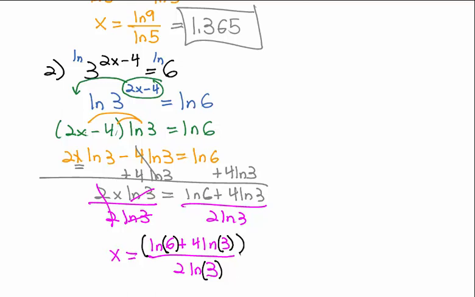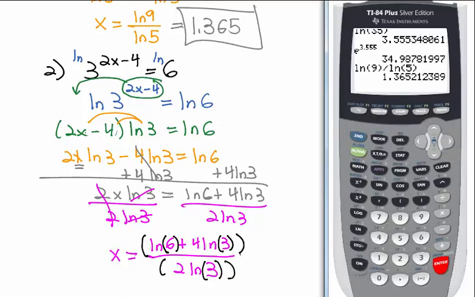Put the entire numerator and the entire denominator in parentheses. So parentheses for the numerator, natural log of 6, close the parentheses, plus 4 natural log of 3, close the parentheses, and then close the parentheses again for the numerator.